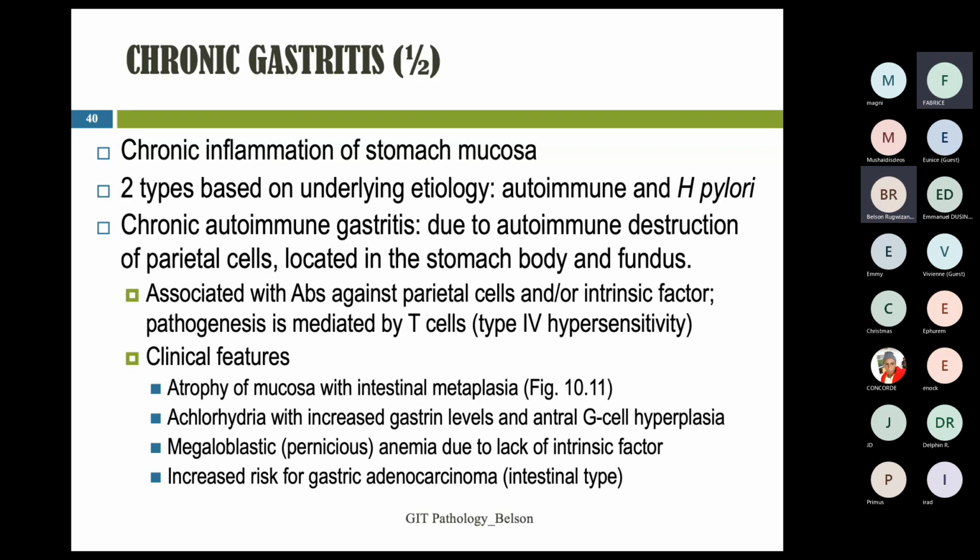And of course, muzi ko mu gifu parietal cells ntabwo ziba kuri antrum, ziba kuri body and fundus. Niyo mpamvu ariho iyi chronic gastritis itewe na autoimmune disease, autoimmune stimulation, ntabwo izaba kuri antrum, mu gihe itewe na H. pylori akenshi ifata kuri antropyloric region.